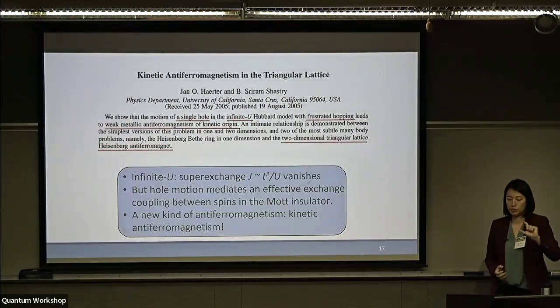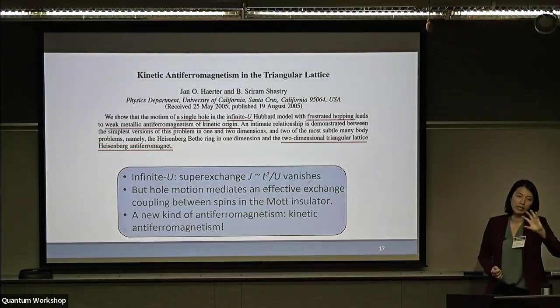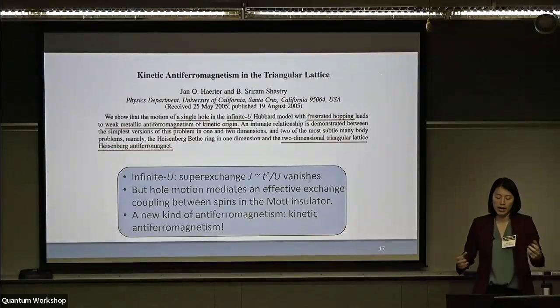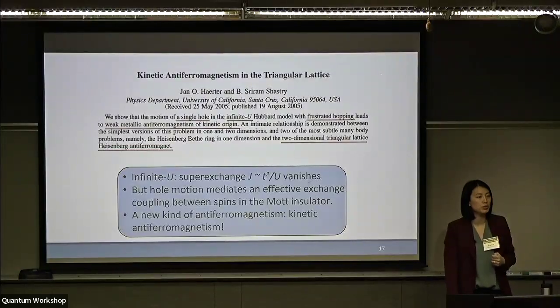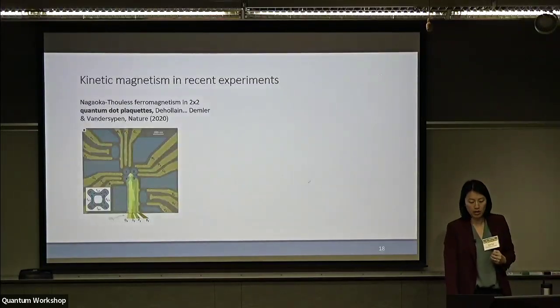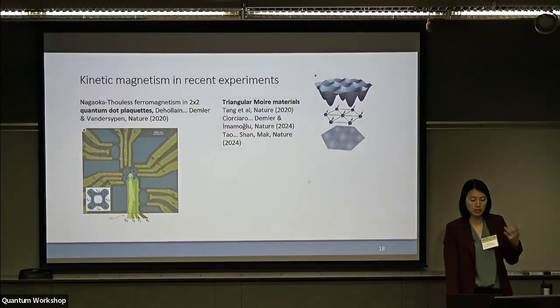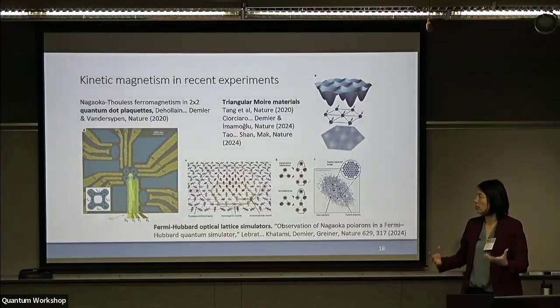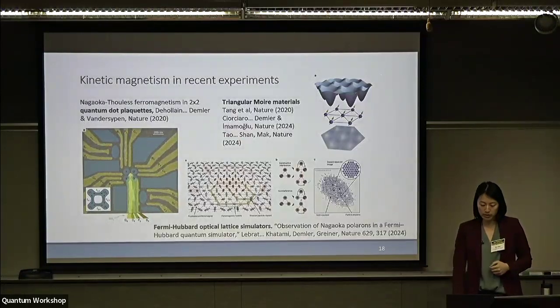And even then, if you put in a single hole, you mediate an effective exchange coupling between spins in a Mott insulator, and you should give rise to a distinct type of antiferromagnetism, kinetic antiferromagnetism. And this has started to be studied in both the solid state as well as in optical lattice atomic simulators.